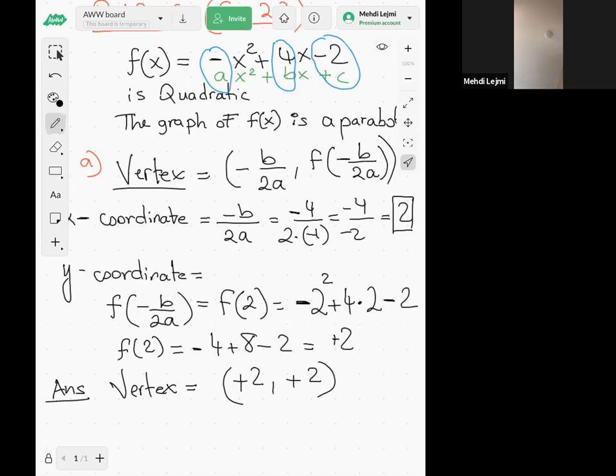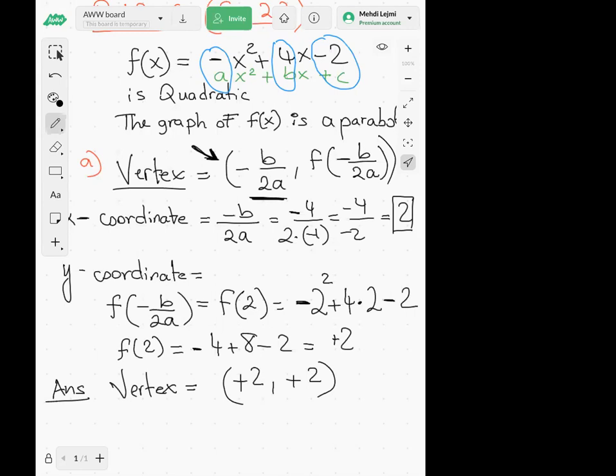Any question about the vertex? In the test, guys, if you have to find the vertex, you have to use this formula, minus b over 2a, and then you plug your minus b over 2a into the function f. Professor, is -2 squared 4?